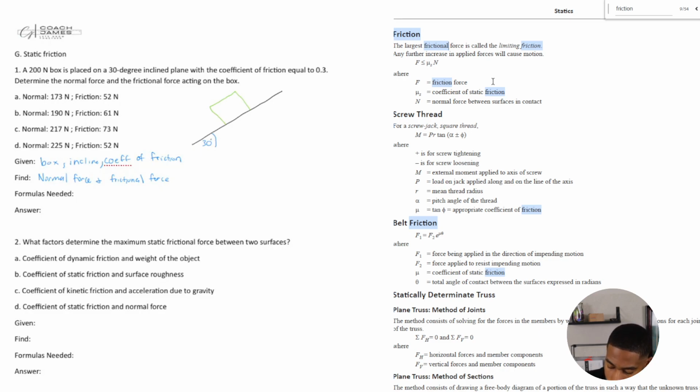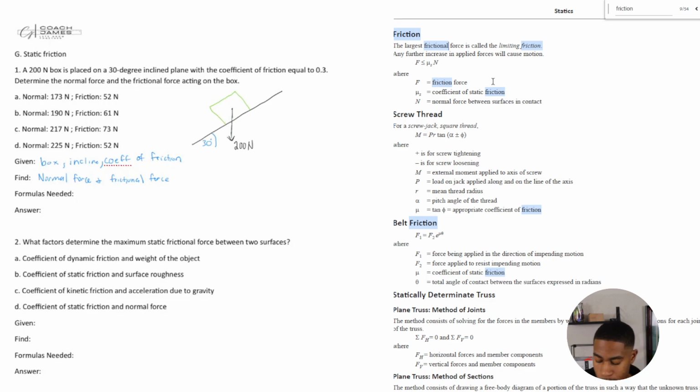And we have a force acting downward on it that is 200 newtons.